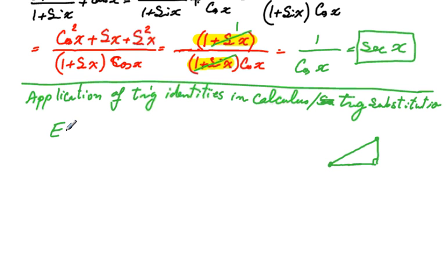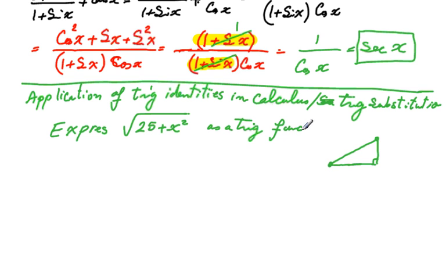Here, the question is: express radical 25 plus x squared as a trig function by using the following substitution.